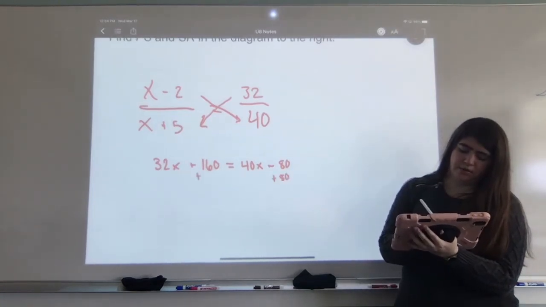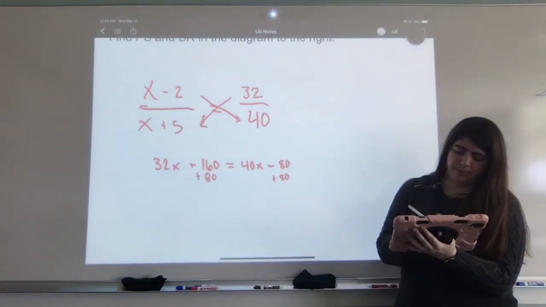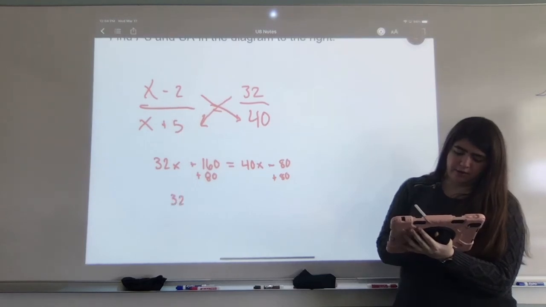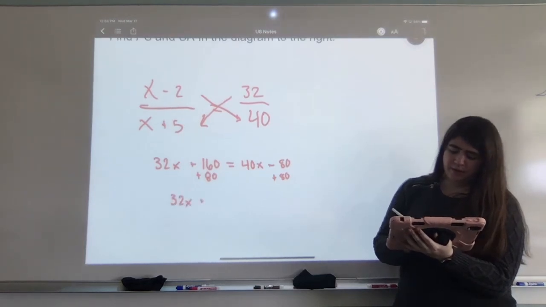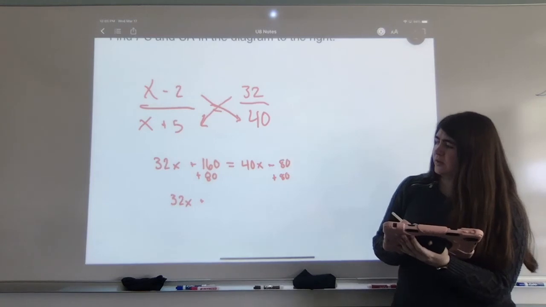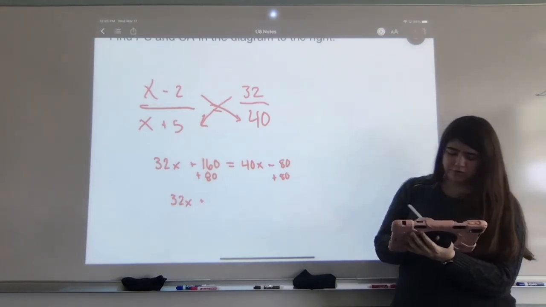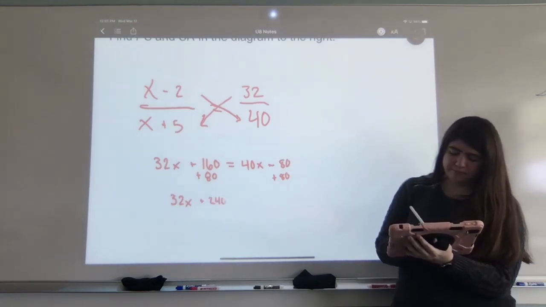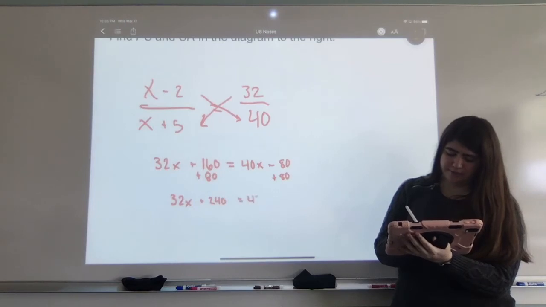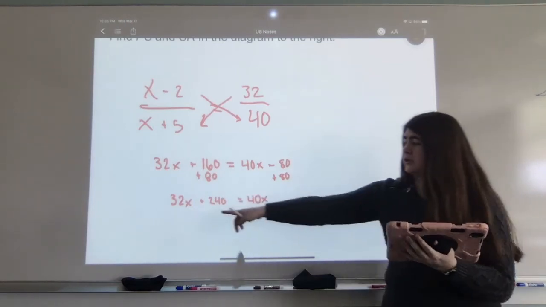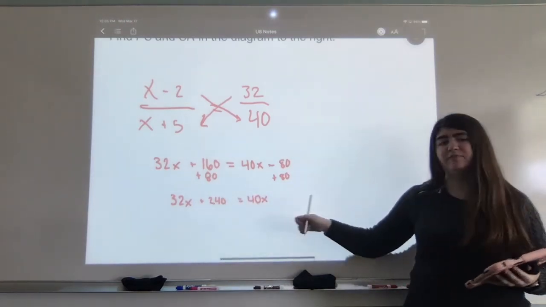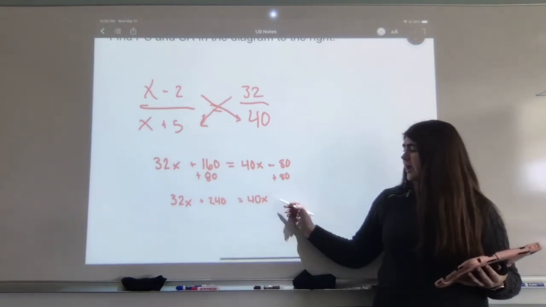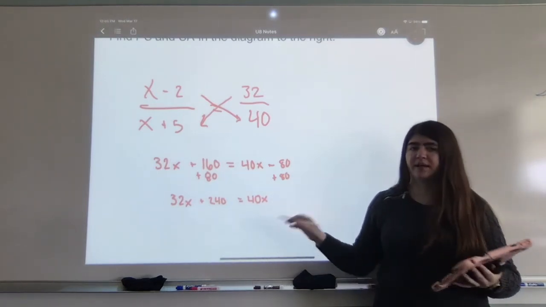And that is going to clear the way. So that means I have 32x plus, we have 160 plus 80, which is 240, which is equal to 40x. I'm going to subtract 32x from both sides, and that will leave me with one term that has an x, and it will all be on one side of our equation.